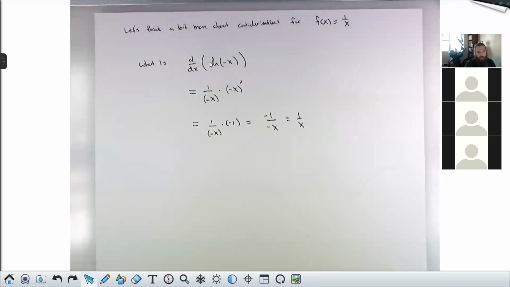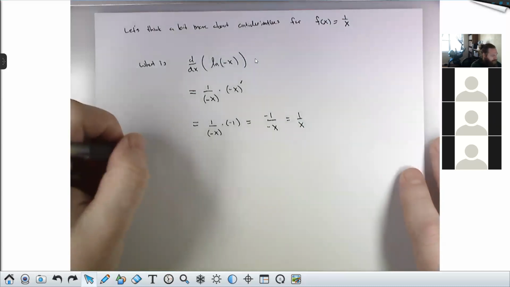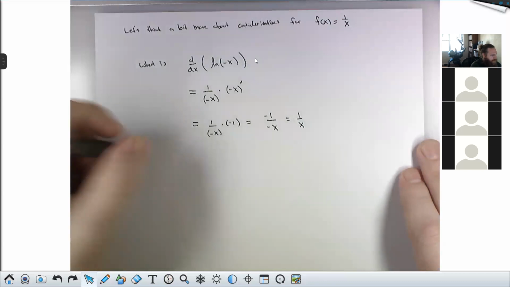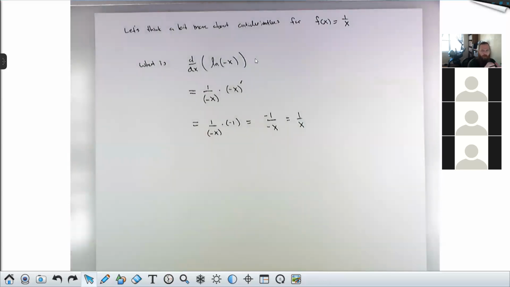So there's really two antiderivatives for 1 over x. The derivative of the natural log of -x is 1 over x, and the derivative of the natural log of x is 1 over x. So how can I roll these two facts into a single statement?